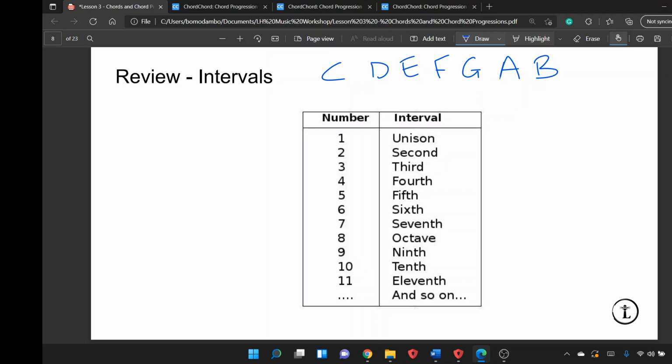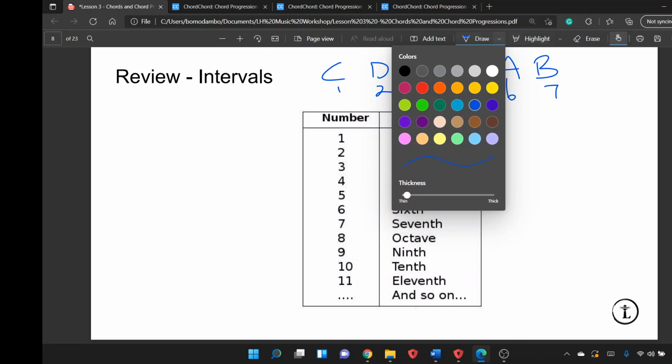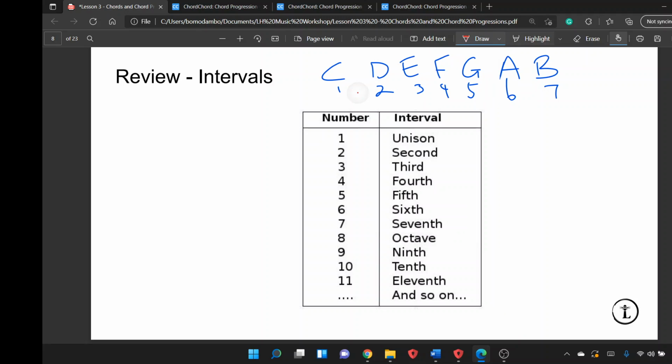Okay, if we want to compare the note E from C, we say that E is the third, right? Or you can say it's in the third position of the major scale. So that's what the intervals tell us.